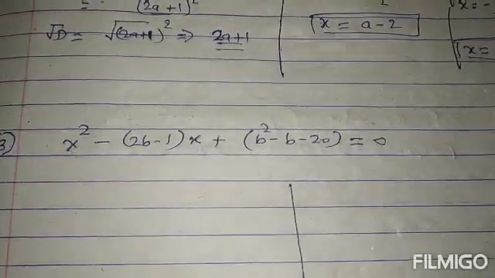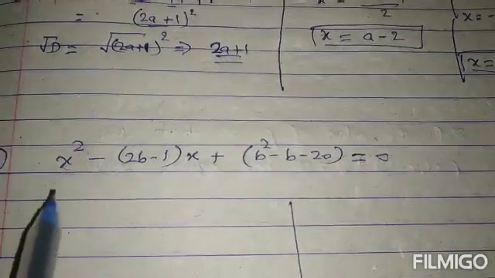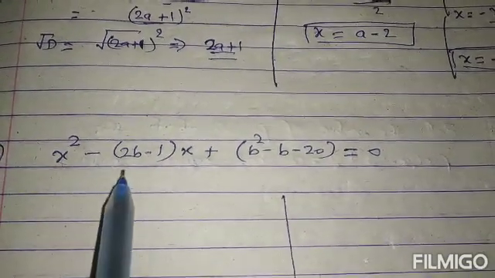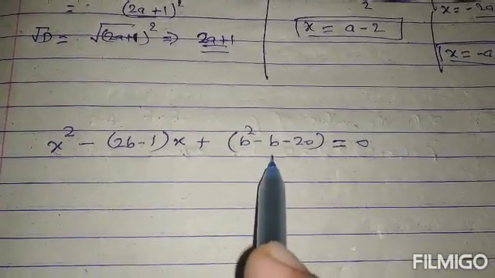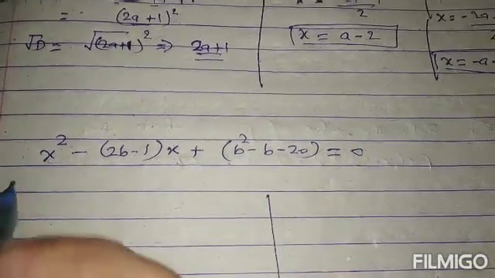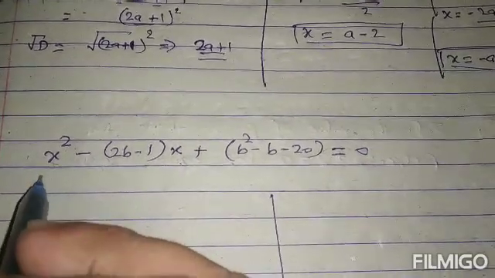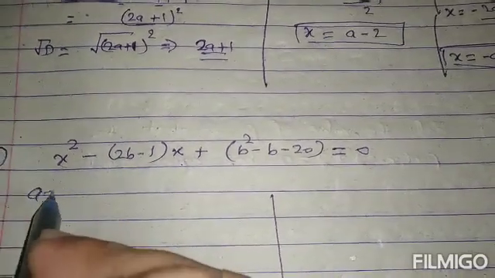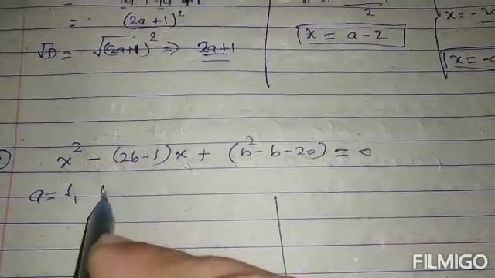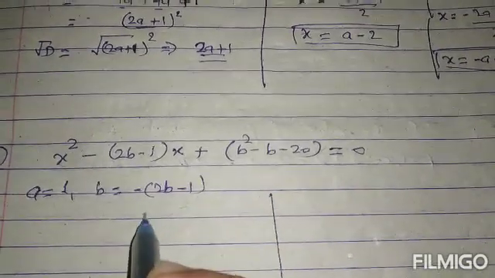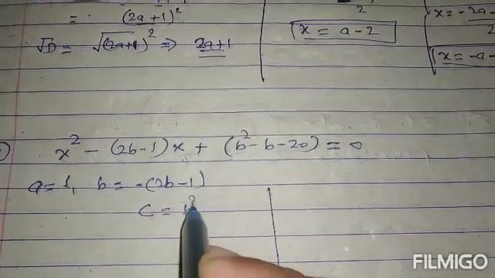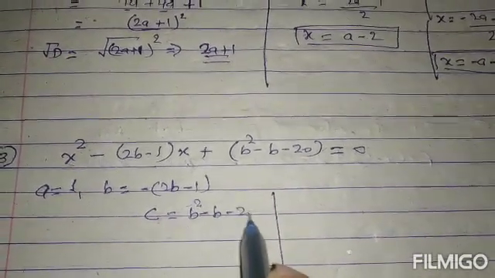Similarly, you can solve question number 3 also. Here the equation is x square minus (2b minus 1) into x plus b square minus b minus 20 equals 0. If we compare it with the standard form of a quadratic equation, then a equals 1, b equals minus (2b minus 1), and c equals b square minus b minus 20.